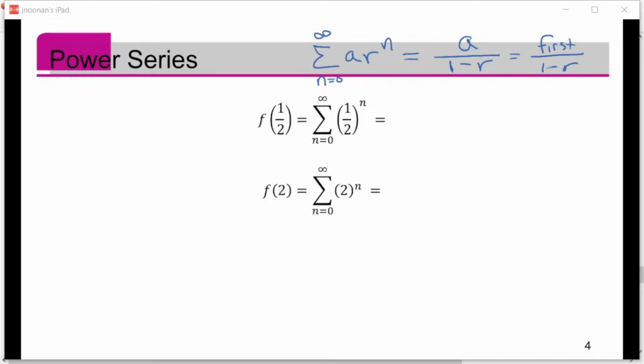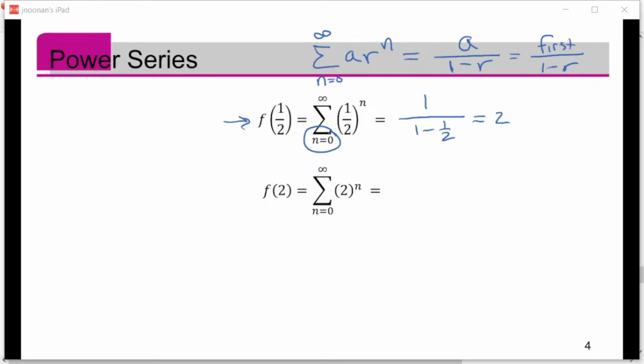Pearson, apply that to this first one right here. The first term is not 1/2, because I'm starting at 0. So it's 1 over 1 minus 1/2, which is equal to 2. So that one does converge to 2.